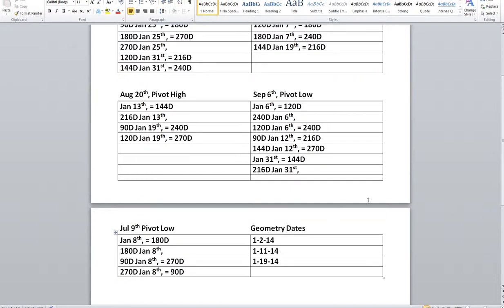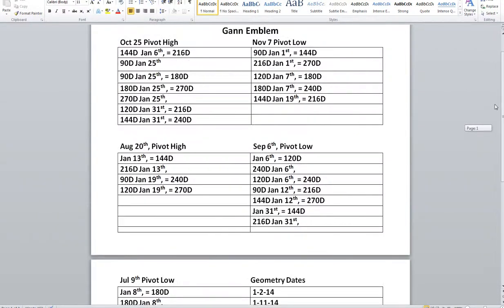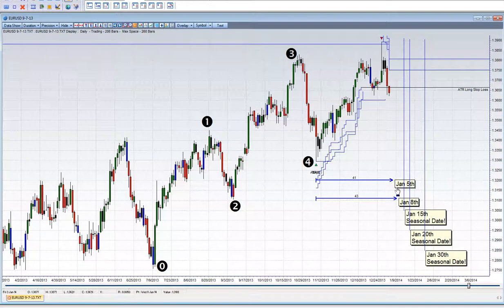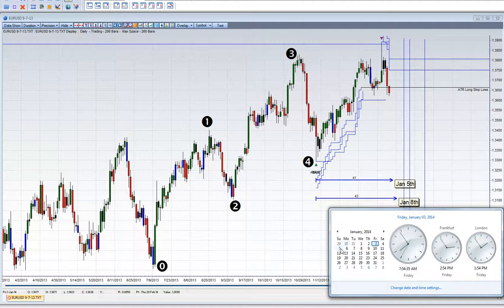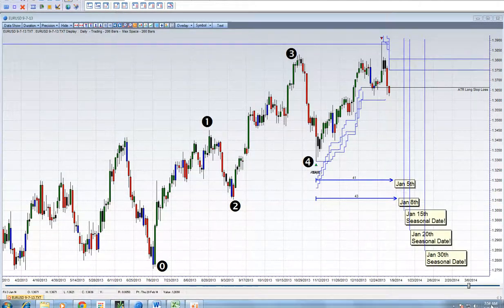So these 2 dates I have on my watch, from the 5th to the 8th. The 5th is Sunday, so that'll probably be Sunday night. Monday I'll be watching it, and definitely the 8th, which is the Wednesday of next week.